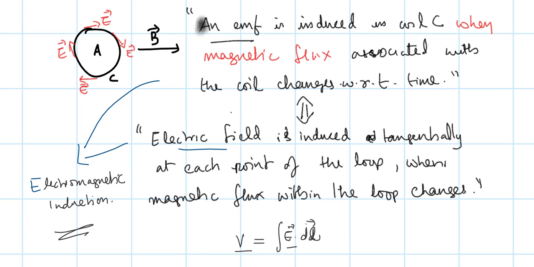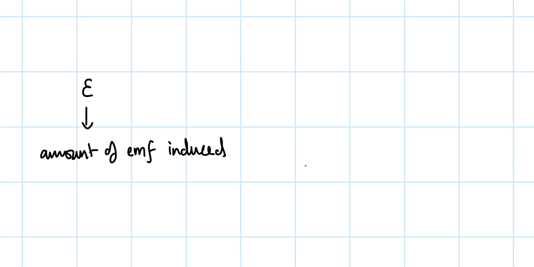Now what is the principle? The principle behind electromagnetic induction is actually a mathematical restatement of the phenomenon, where the amount of EMF induced, which is represented by epsilon, is the magnitude of EMF induced within the coil.